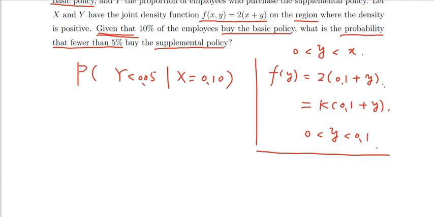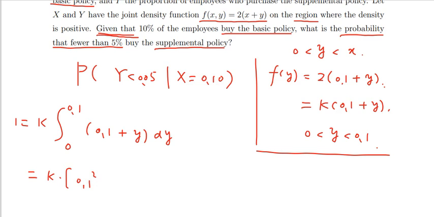So k, let's say, the total probability over 0 to 0.1 of k times (0.1 plus Y) dY equals 1, right? So equals k times: first one is 0.1 squared, plus half of 0.1 squared.